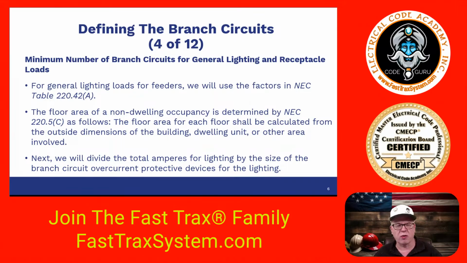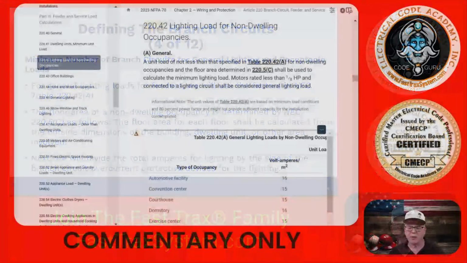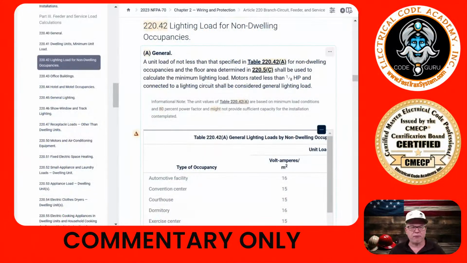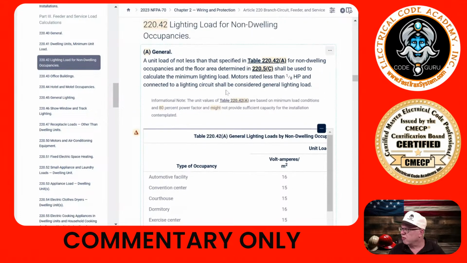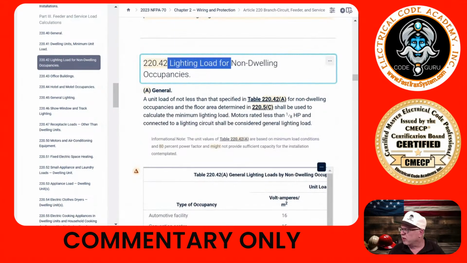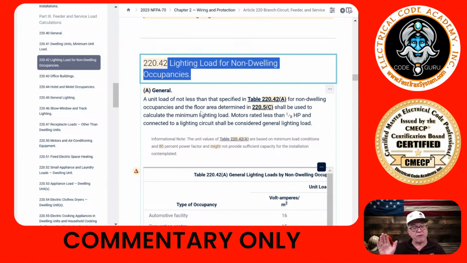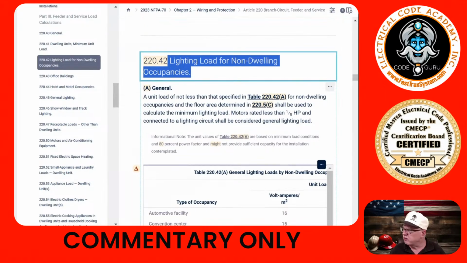So here we're at 220.42, which for the lighting for non-dwellings was back in 220.12 for some people who remember. It has all moved around, and now it's in 220.42.